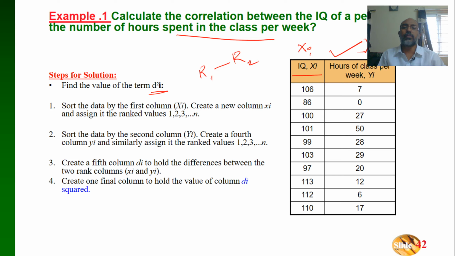It can be vice versa also, there is no problem. Then we square it, so this is called d square.